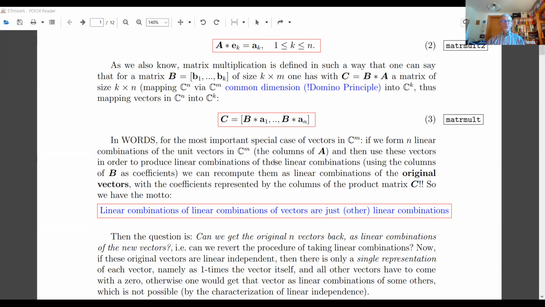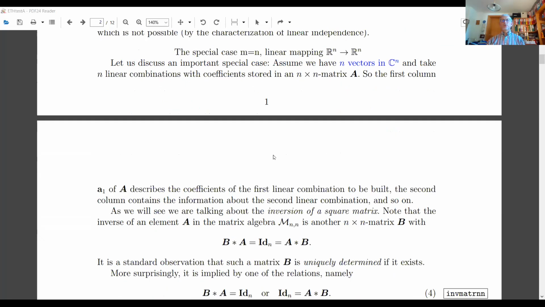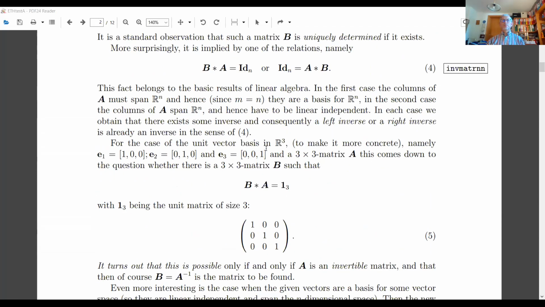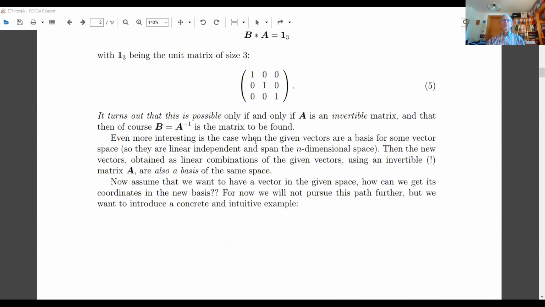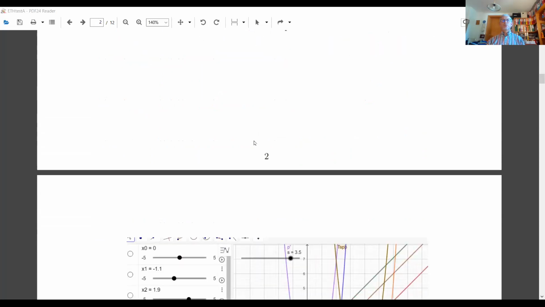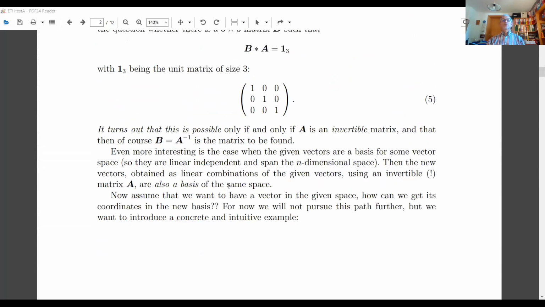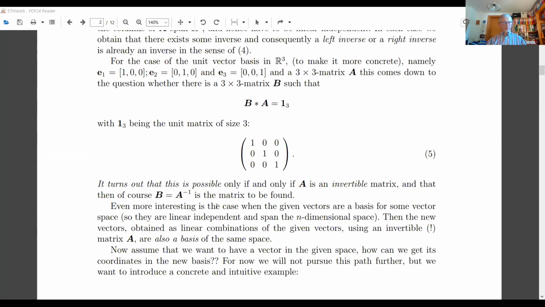Now, once you store the information and you concatenate operators, of course, this is only possible if you are following the domino principle, which I mean, the target space of the first operator has to coincide with the domain of the second operator.